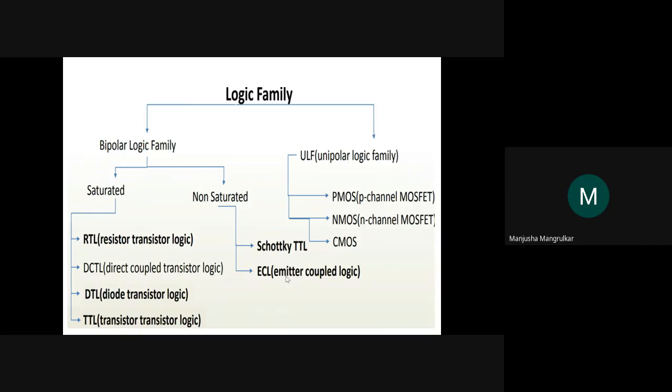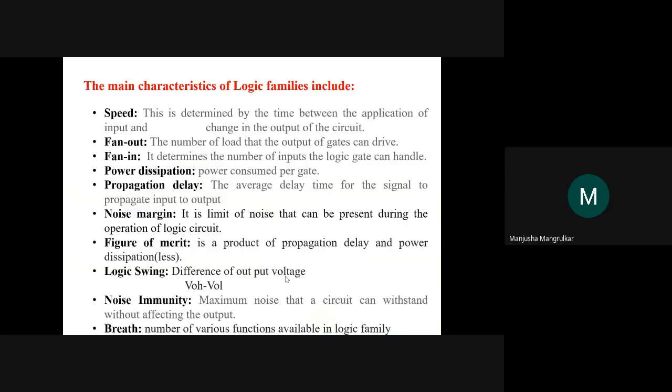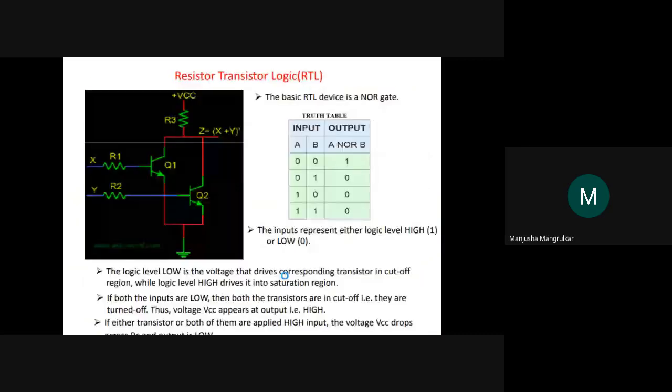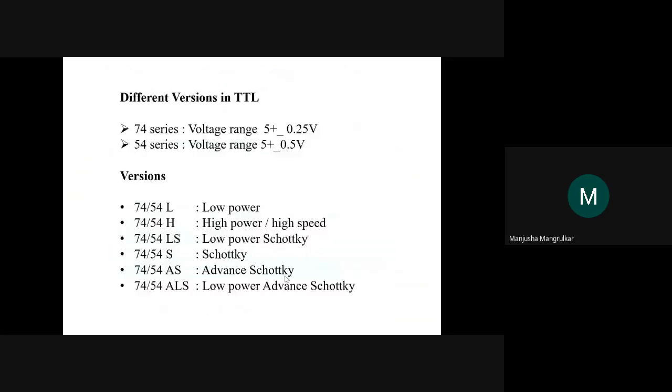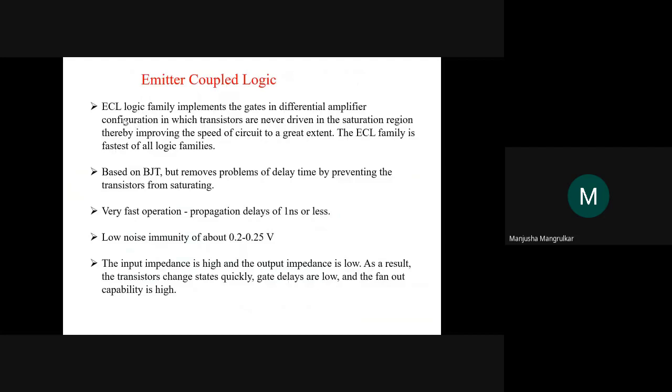This is very fast, and we are going to see that in the emitter coupled logic circuit. Now the emitter coupled logic family implements the gates in a differential amplifier configuration in which transistors are never driven into the saturation region.